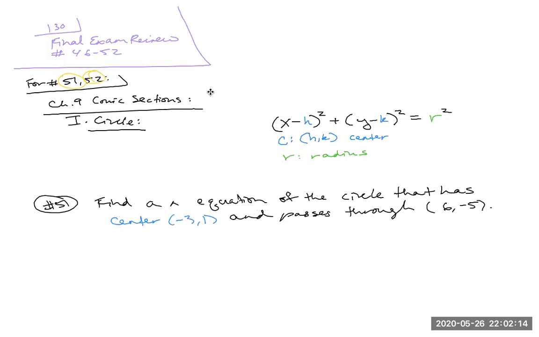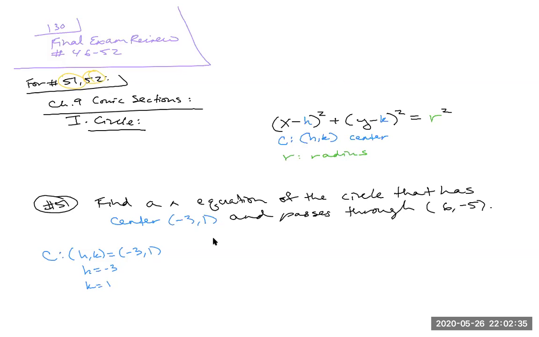The first thing is to note that we have our center (h, k) given. The center is (h, k) equals (-3, 1), so that tells you h is -3 and k is +1.